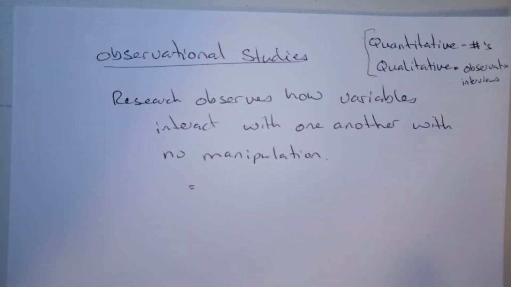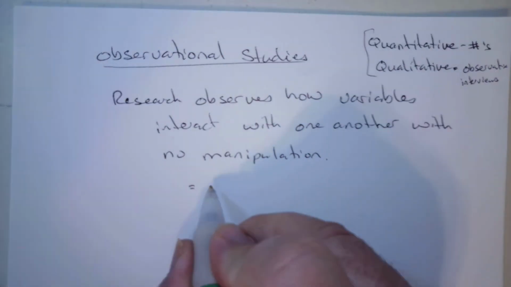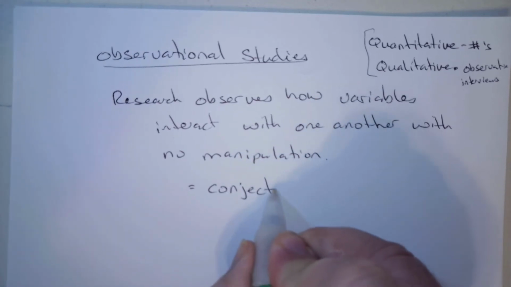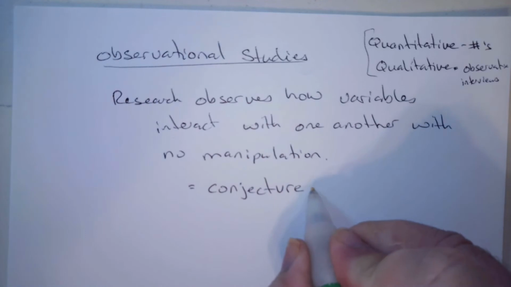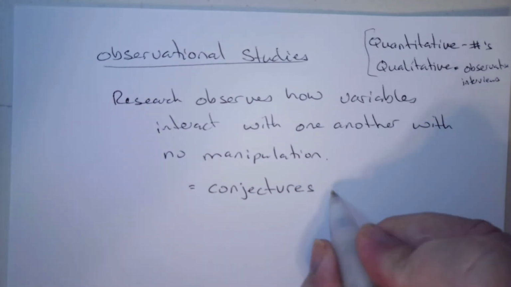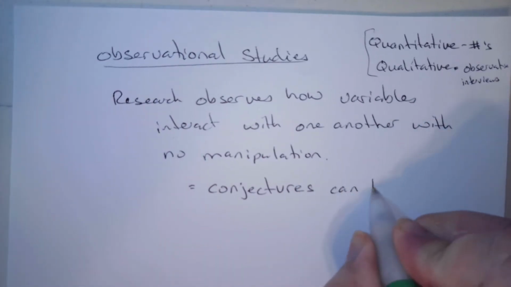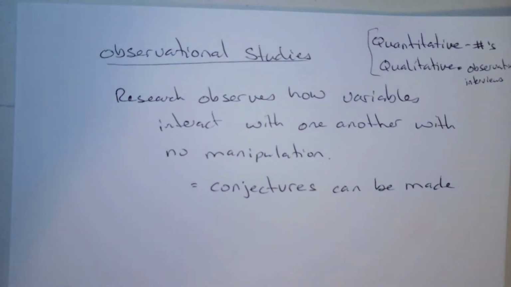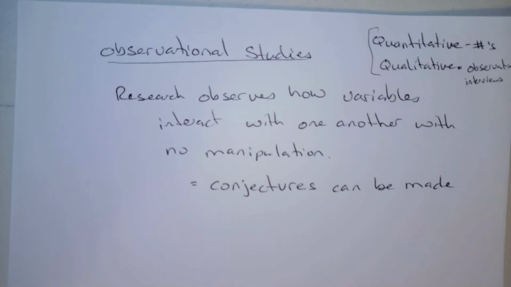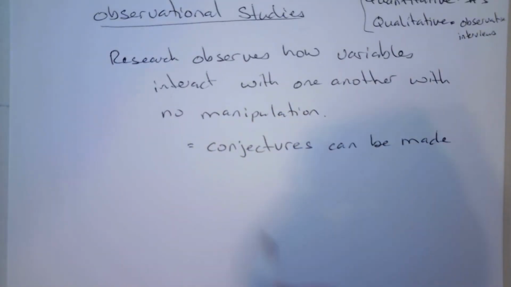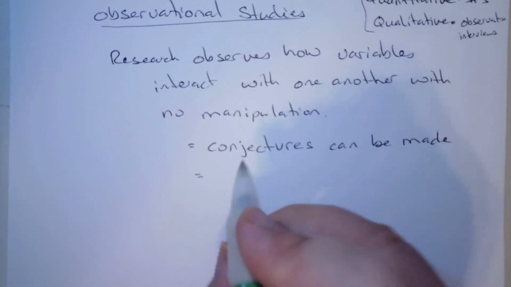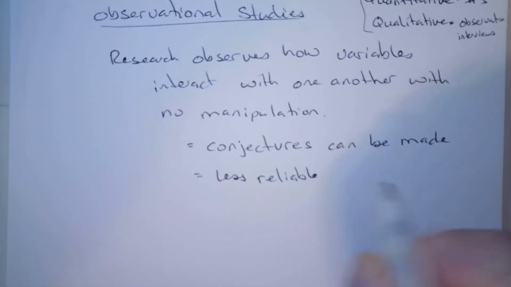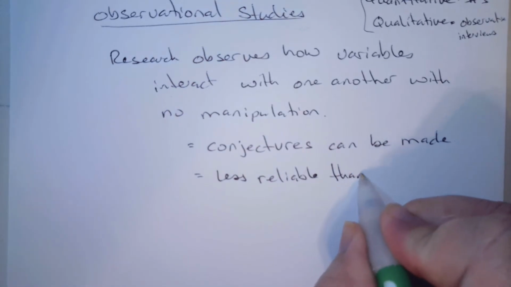Then you don't know why they do it yet, but you're observing. What you end up with after you do that are conjectures, educated logical guesses. Again, you don't know exact reasoning why, but you can observe and make guesses why. Observational studies are less reliable than experimental.